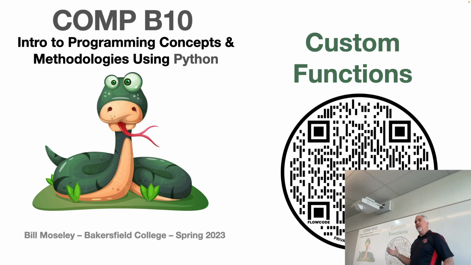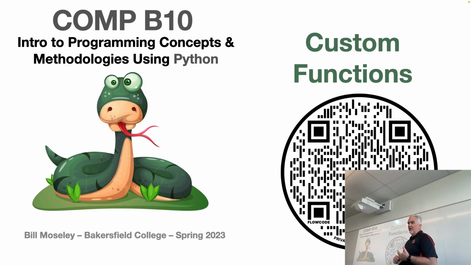We give it what's called an argument, and we tell it what to print inside the parentheses. We give it a string or an object, and it prints that object. That's called an object or a parameter. You'll hear me use those words pretty much interchangeably, and they're kind of the same thing as far as Python is concerned. But those parameters or arguments are a way of supplying additional information to functions.